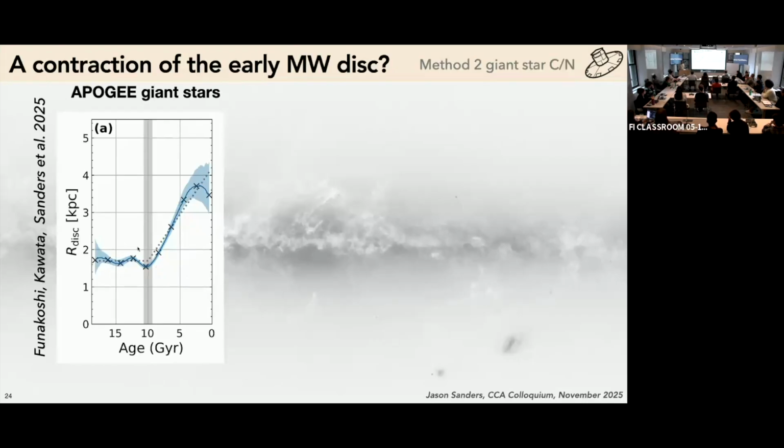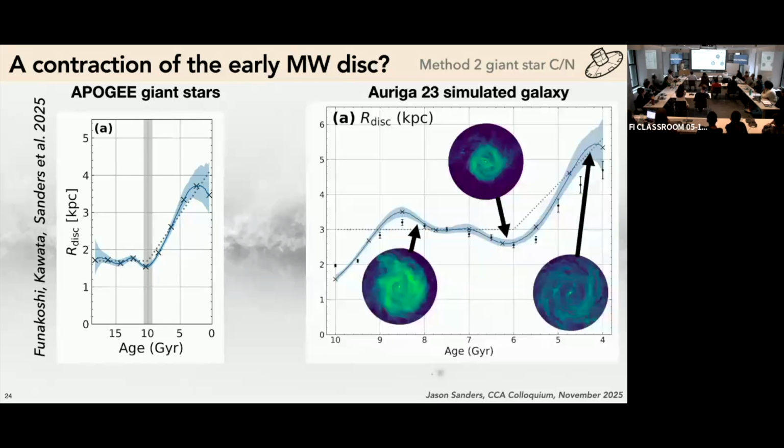One interesting feature that Natsuki pointed out was this dip: for very old populations, you have a constant scale length. For the younger populations, what we typically call the thin disk, you have this inside-out growth. And between them, there seems to be this dip. And again, you can look at the Auriga simulations, and we see something very similar in Auriga.